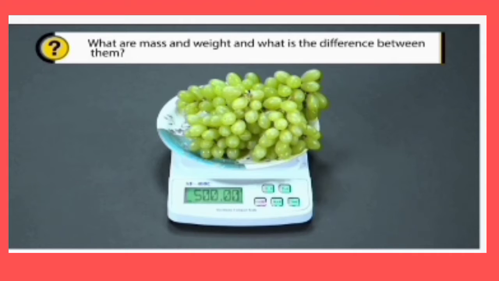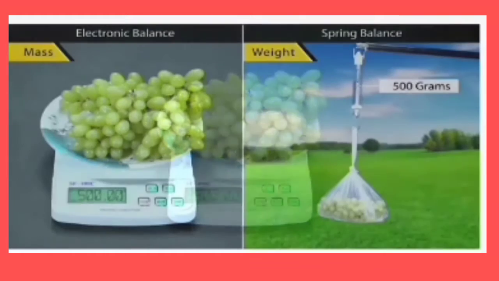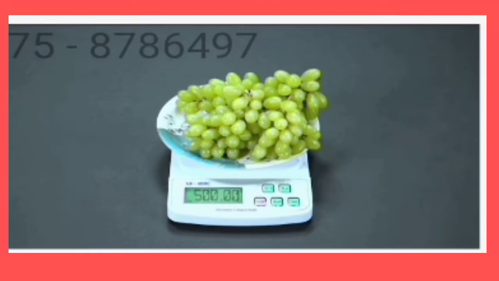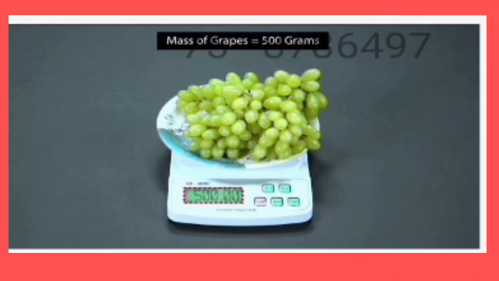What are mass and weight, and what is the difference between them? Mass is a measure of quantity of matter. Weight is the pull of gravity on matter. So, the reading obtained from the electronic balance indicates the quantity of matter in the grapes, which is its mass.